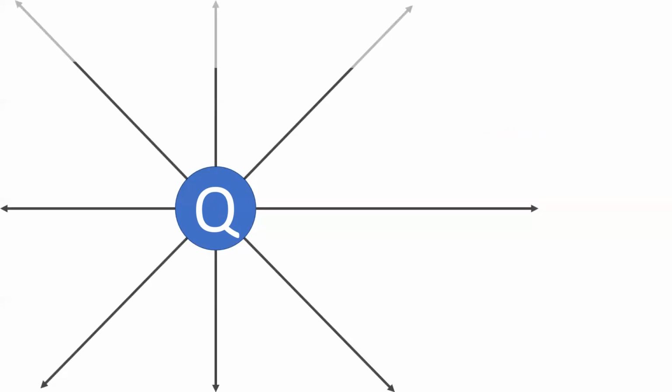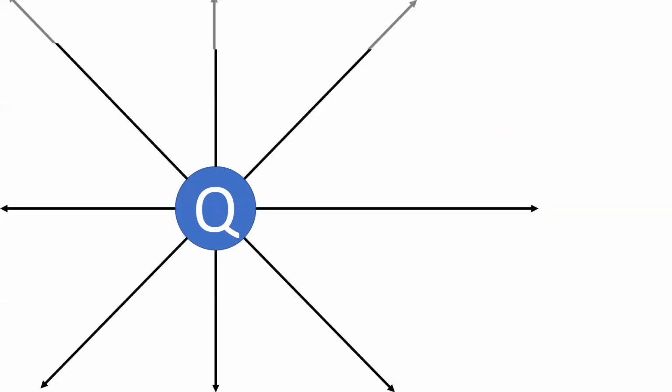So, consider a charged object Q, and we call this the source charge because it is the source of the electric field. Q produces an electric field everywhere in this space around it. Now, this electric field is normally represented as a bunch of arrows extending radially outward or inward, depending on the charge.